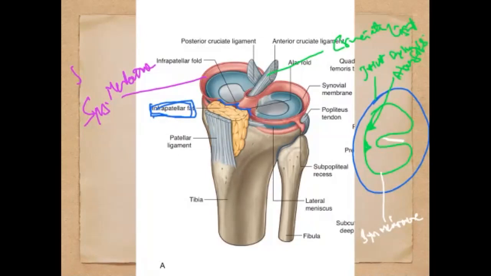In the inferior aspect, the invagination is more acute and it is called the infrapatellar synovial fold.